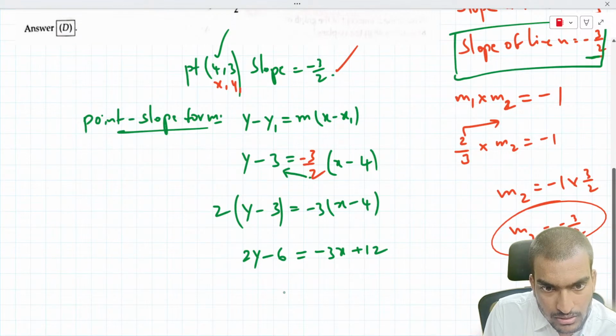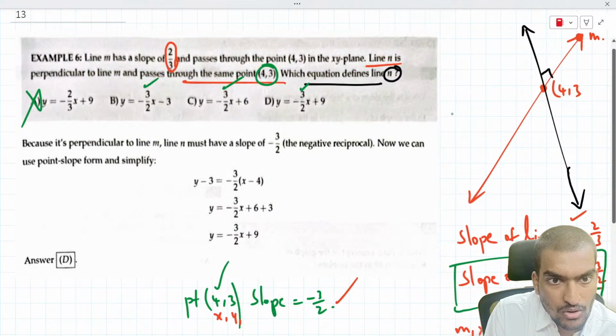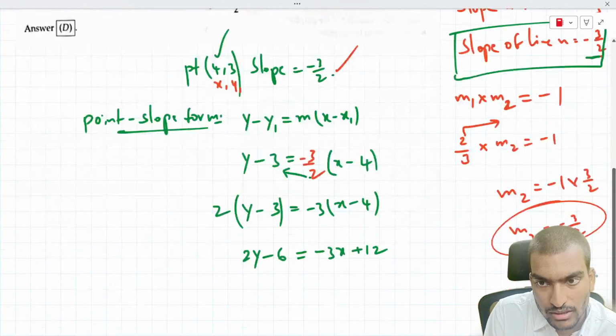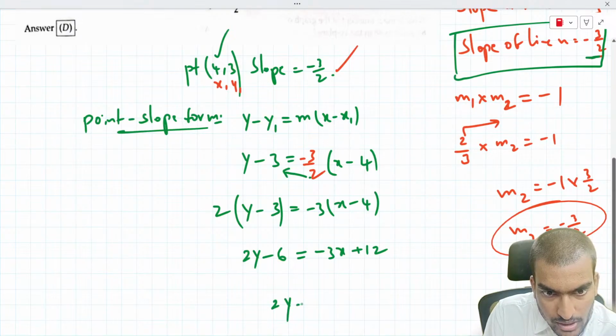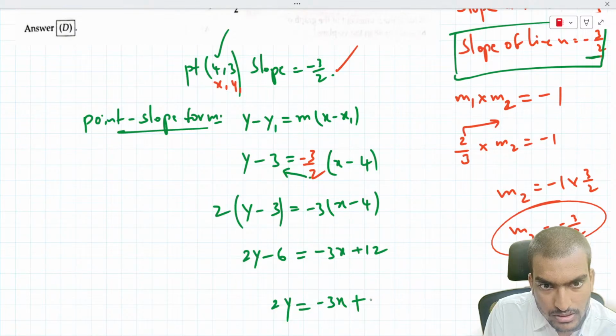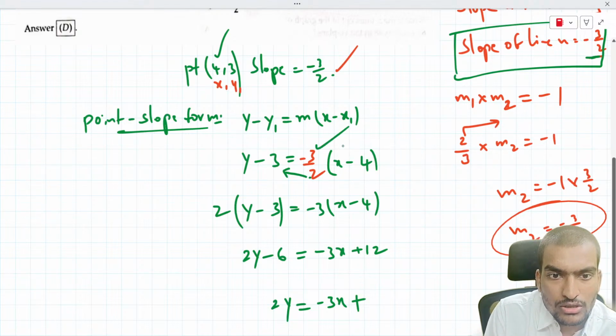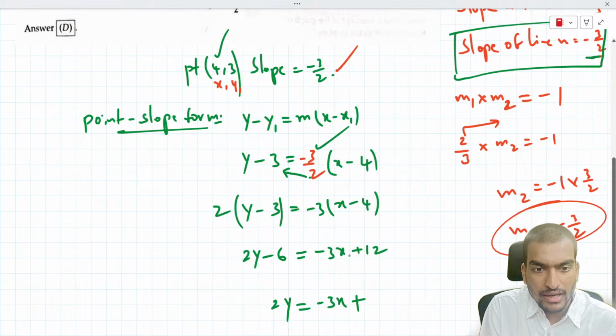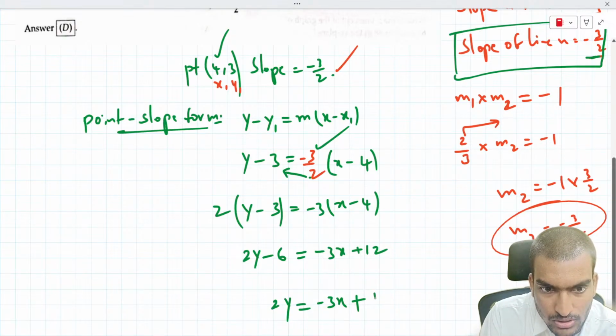And then what do we need? The options are all in y, so we just need y on the LHS. So 2y equals -3x plus 12 plus 6, because if you forward this you get that.